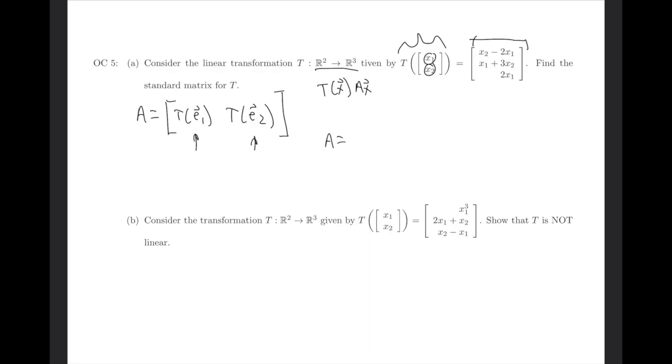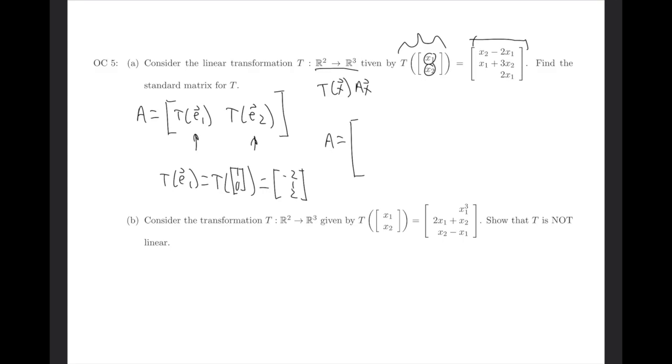So A is going to be equal to, let's start off with E1, T of E1. So T of E1 is going to be T of (1, 0), which is going to be equal to (2, 1, 2).